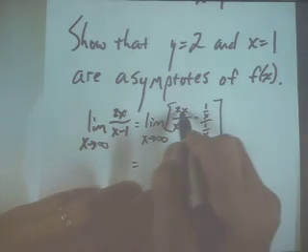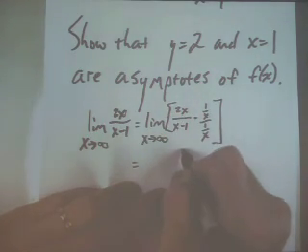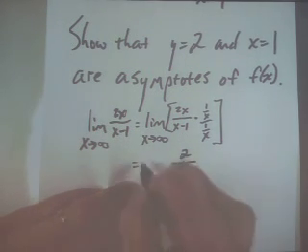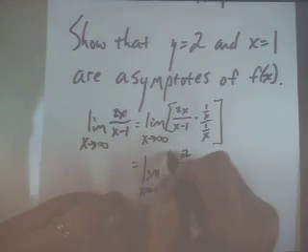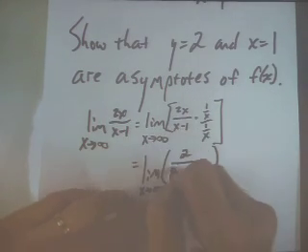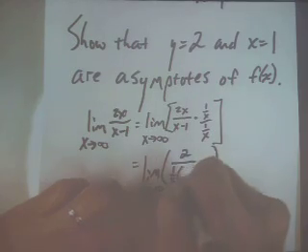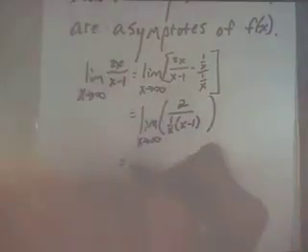Now, multiplying 2x times 1 over x, we get simply 2. Multiplying x minus 1 times 1 over x means we're going to distribute the 1 over x times x minus 1. We'll do that distribution.